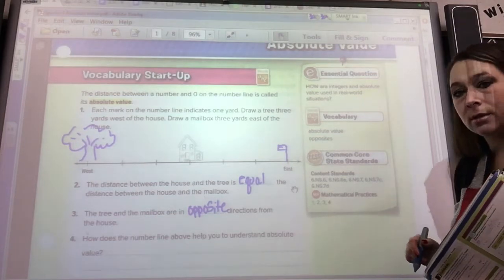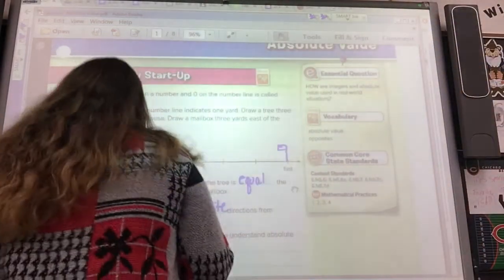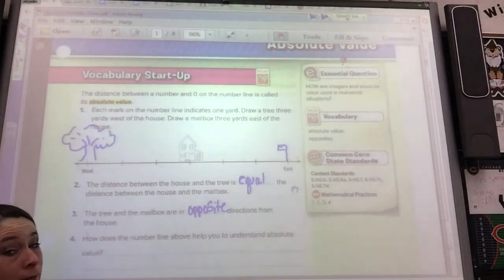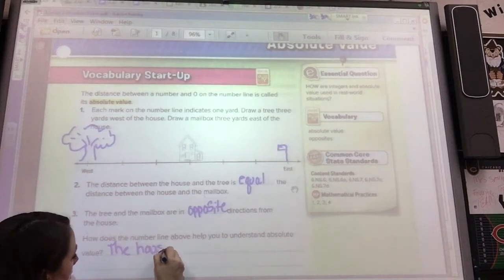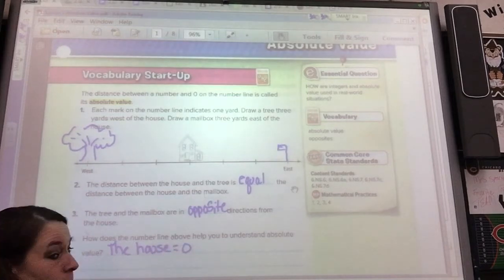So the house, I'm going to kneel down here, so if you're still writing, you can, okay? The house is 0 on the number line, okay?